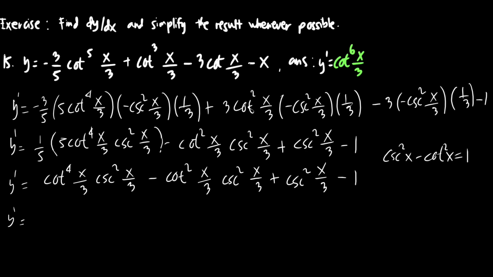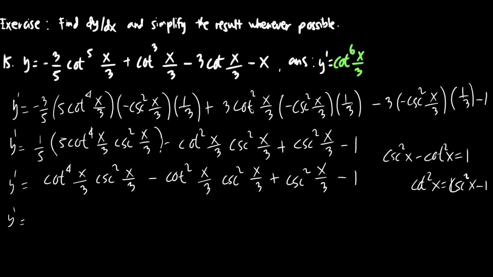So cosecant squared x is equal to cotangent squared x plus 1.